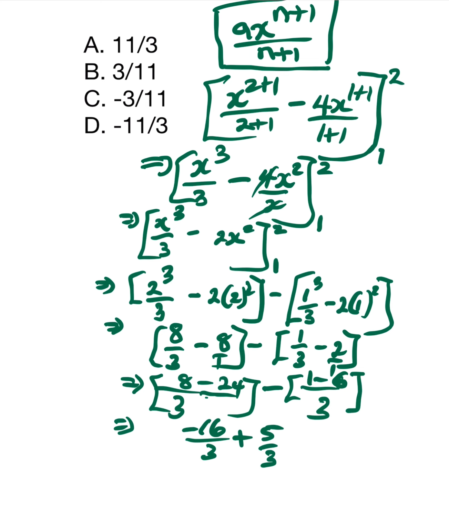If I simplify it further, I'm going to have 3, minus 16 plus 5, and minus 16 plus 5 is minus 11 divided by 3. So minus 11 divided by 3.